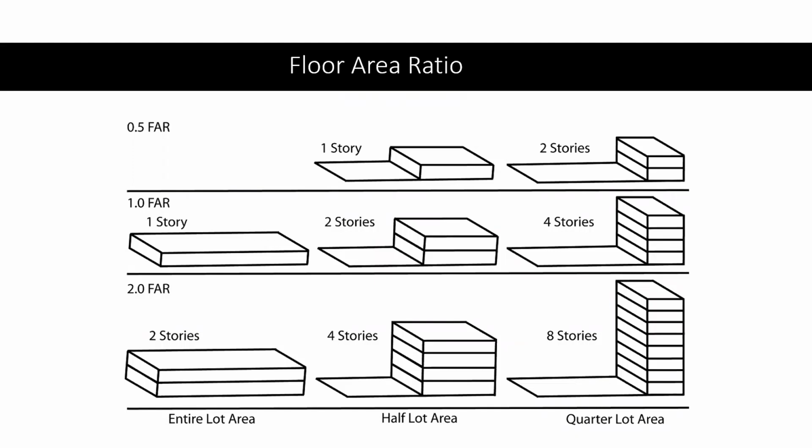A 0.5 FAR would be developing half the lot at 1 story, or if you do a quarter of the lot, then it'd be 2 stories. Similarly, a 1-to-1 FAR would just be 1 story across the entire site. Essentially, the floor area takes up the entire area of the lot.